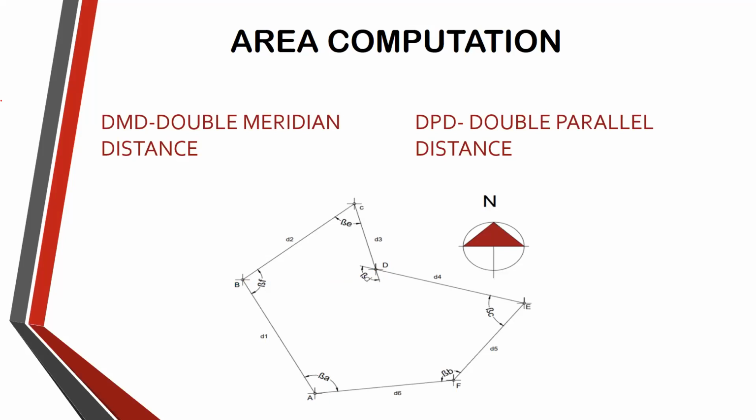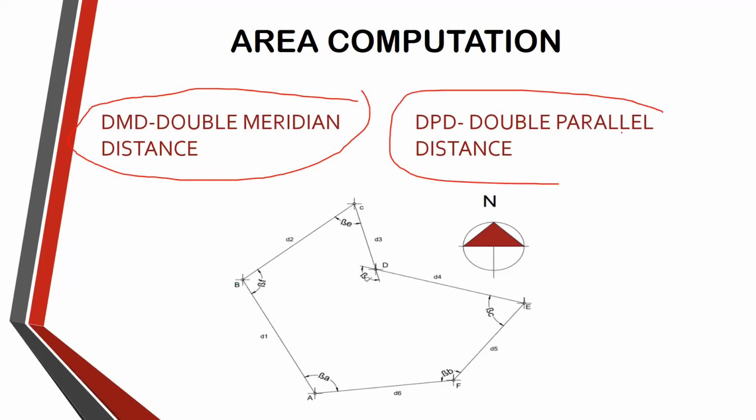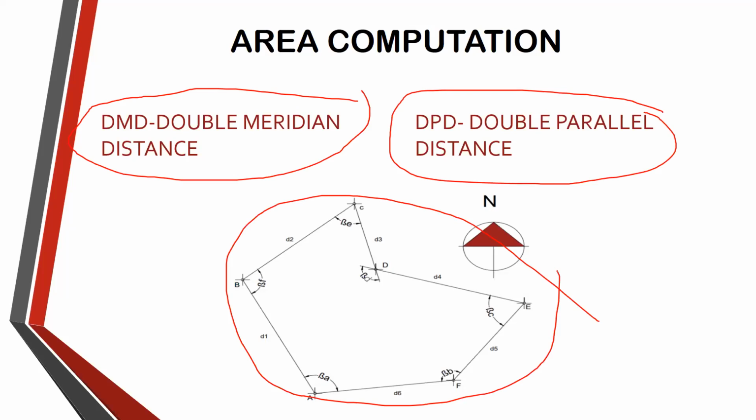These two methods are very useful in computing your closed traverse. But lagi niyong tatandaan, when we use this method, dapat yung kinocompute natin na closed traverse is walang linear error of closure.